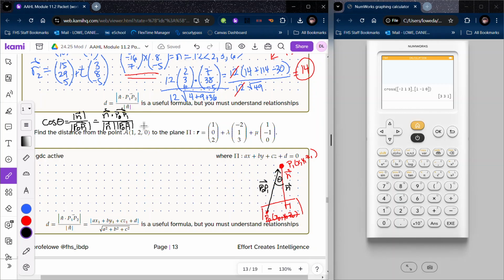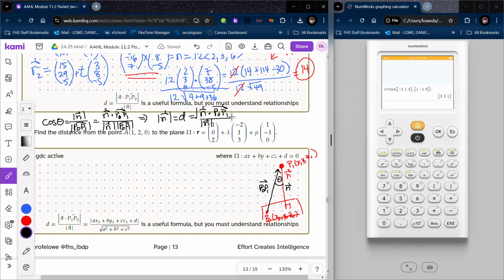All right. Well, what does that imply? That implies that the magnitude of the normal vector, which is the distance between the point and the plane, is going to be given by the normal vector dotted with P naught to P1 all over the magnitude of the normal vector, because if we have fractions that have a common denominator, we can solve algebraically.